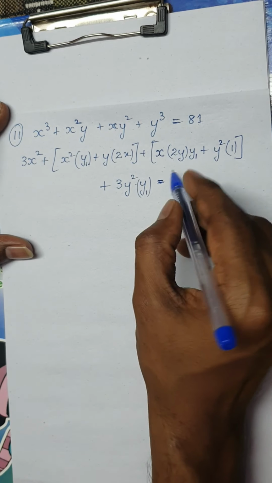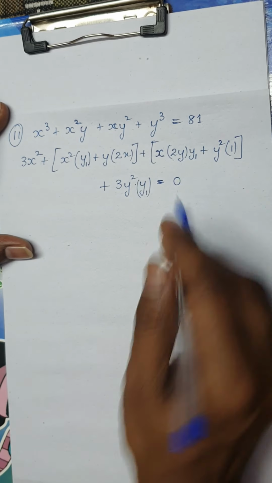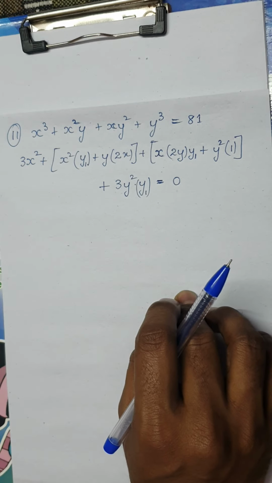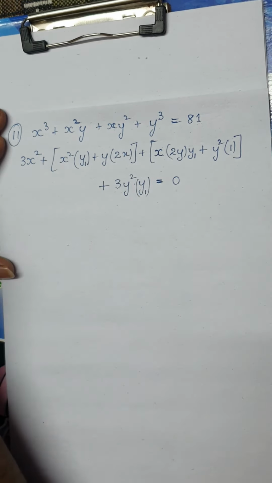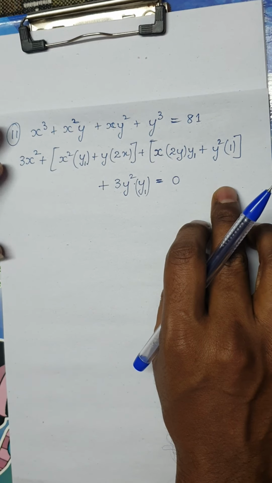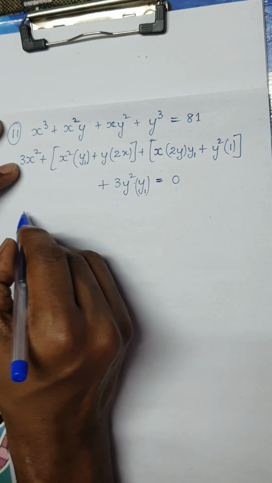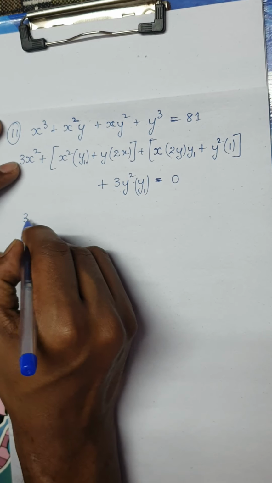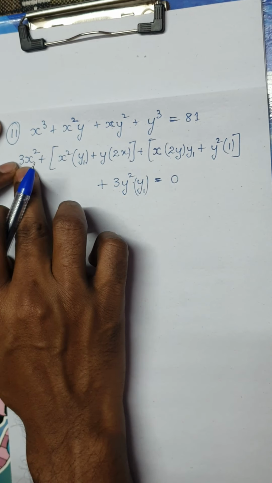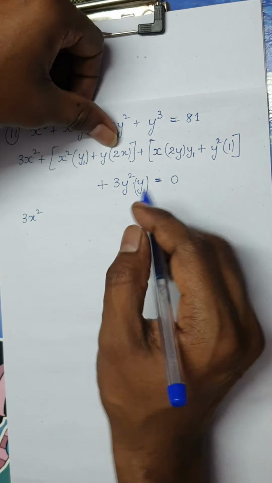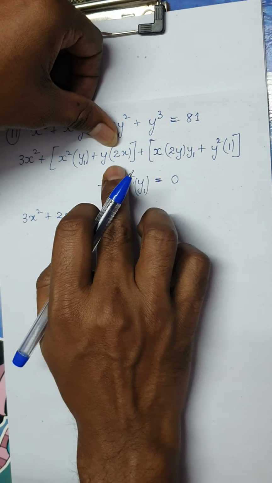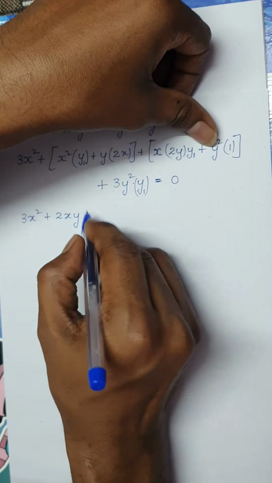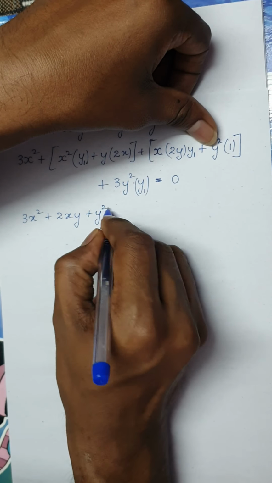Now the right hand side is 81, a constant, and the derivative of a constant is 0. Now put all the terms independent of dy by dx on one side and terms with dy by dx on the other side. First, independent of dy by dx, I have 3x square, plus 2xy, plus y square.